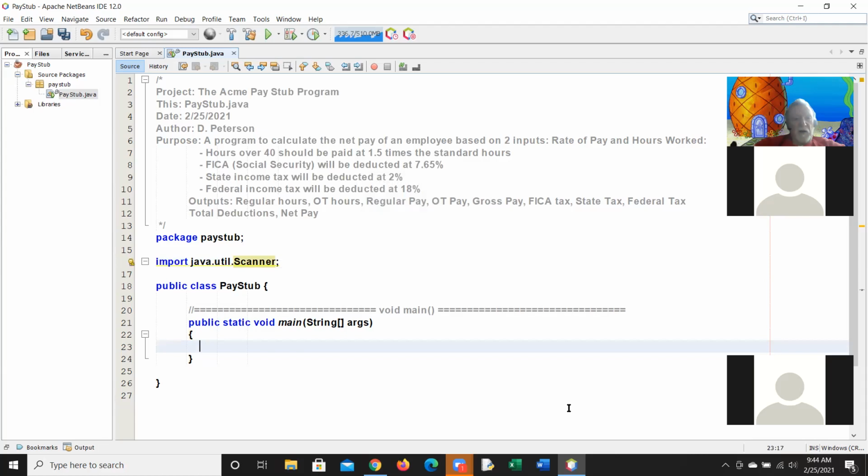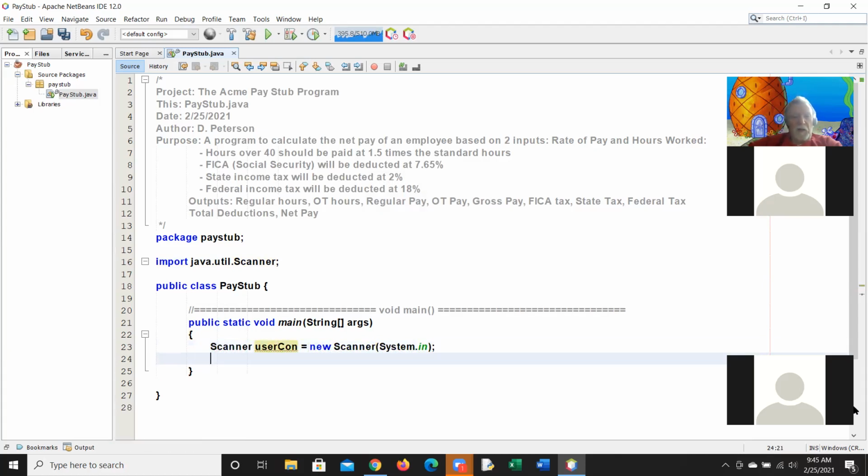I'm going to come in here and instantiate a scanner. How about user con today? New Scanner of the type System.in. And we got that.